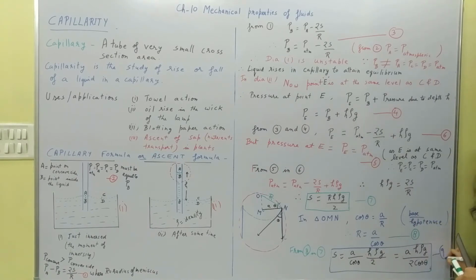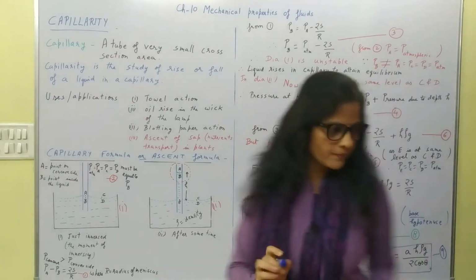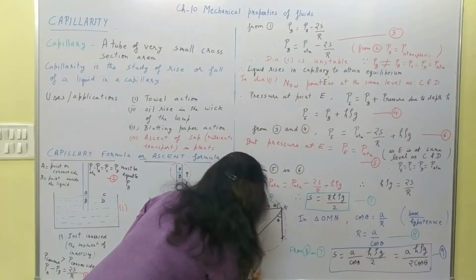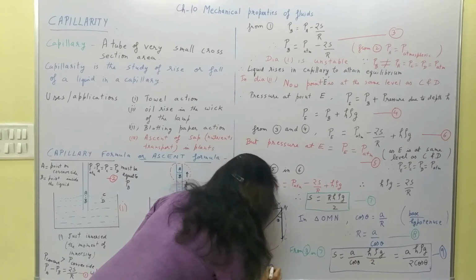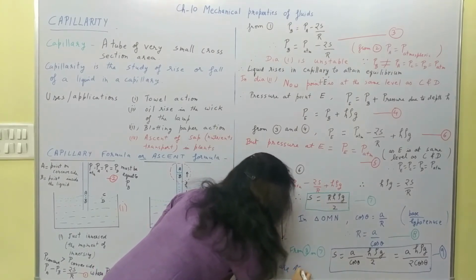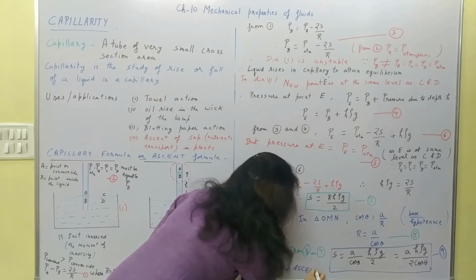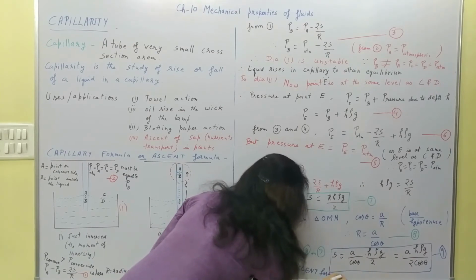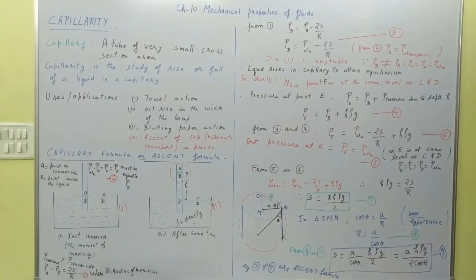So this is 9. 8 and 9 are ascent formulas, 7 and 9. So this was all about the ascent formula.